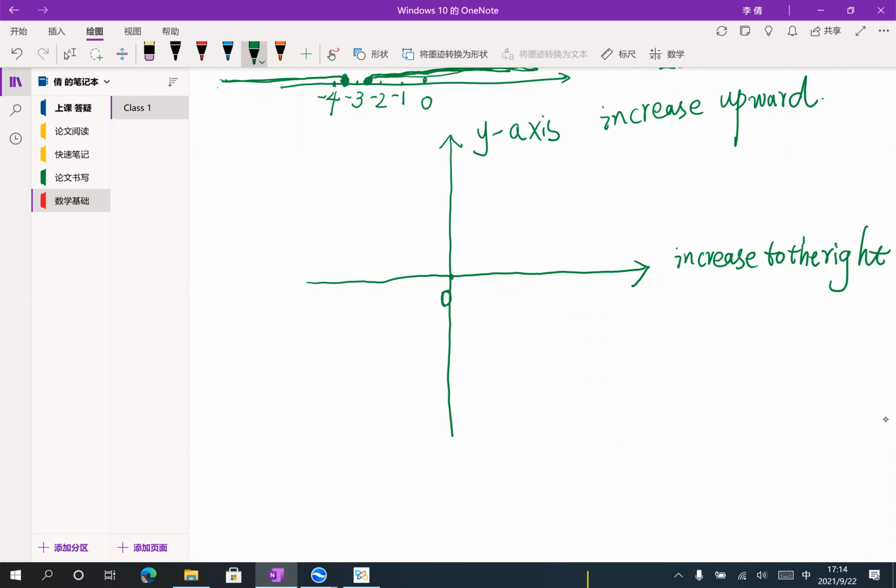This means above the 0 the numbers are positive, and below the 0 they are negative. This is the y-axis, and this horizontal line is the x-axis.